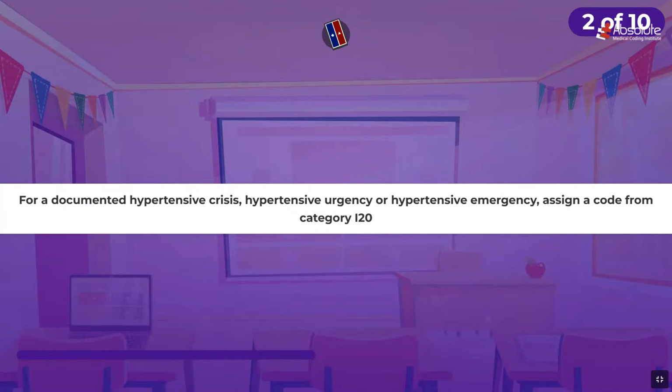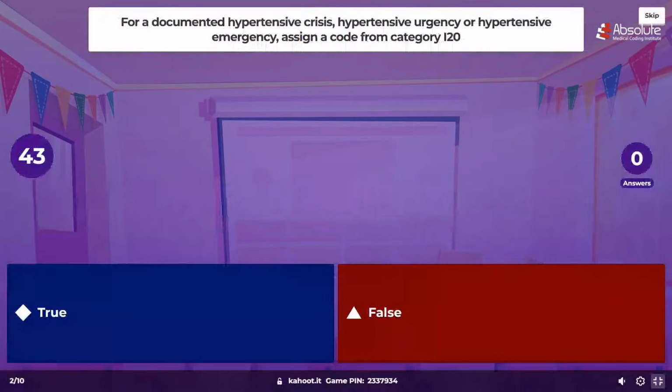Next one, true or false? For a documented hypertensive crisis, hypertensive urgency, or a hypertensive emergency, assign code from category I-20. Is it true or false? For hypertensive crisis, urgency, or emergency, code category I-20. True or false?